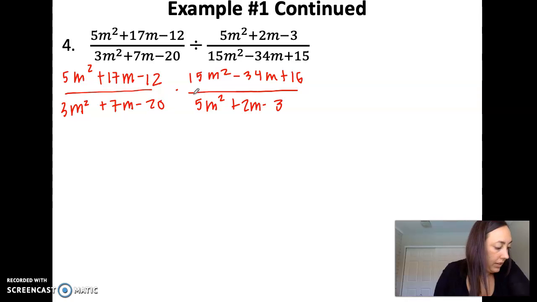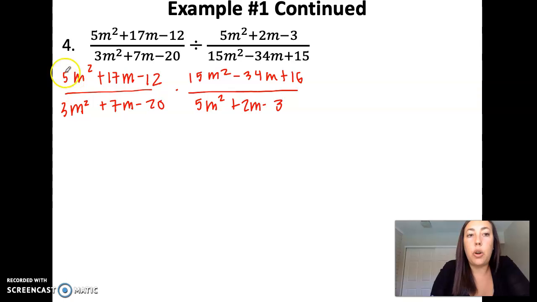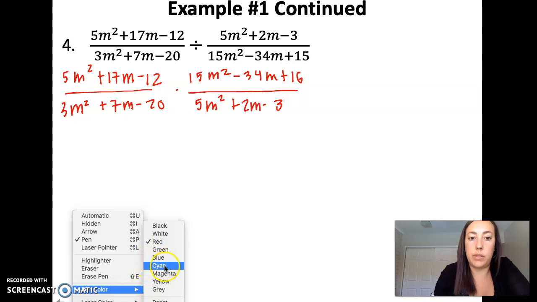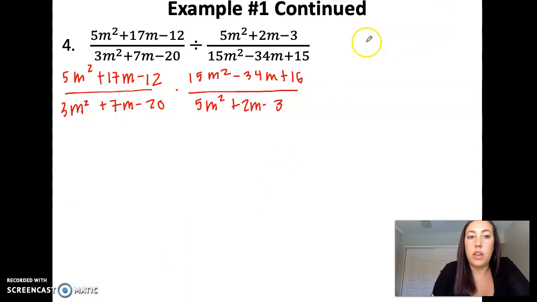So let's start with this first one here. Since the coefficient in front of the squared term is more than 1, we're going to have to use that bottoms up method that we used last unit. So we're going to be using some stuff from Unit 6 here. First thing you do is you take the 5 and multiply it with the negative 12.